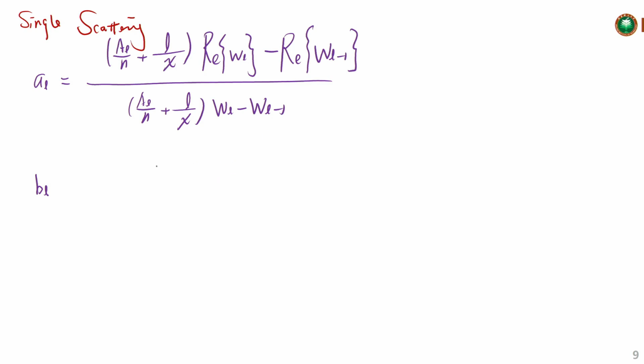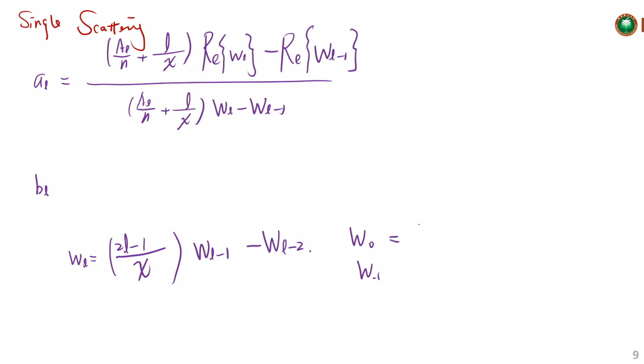WL can be expressed in a cascaded form, related to WL minus 1 and WL minus 2. W0 and W minus 1 have their own expressions: W0 equals sin chi plus J times cosine chi, and W minus 1 equals cosine chi minus J times sin chi.